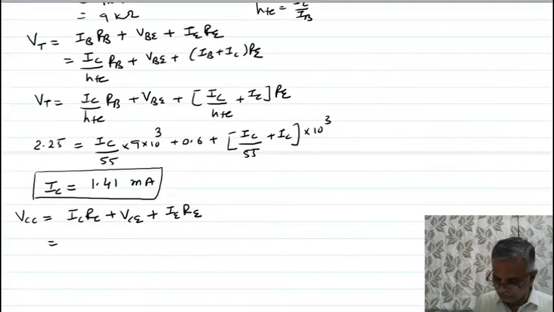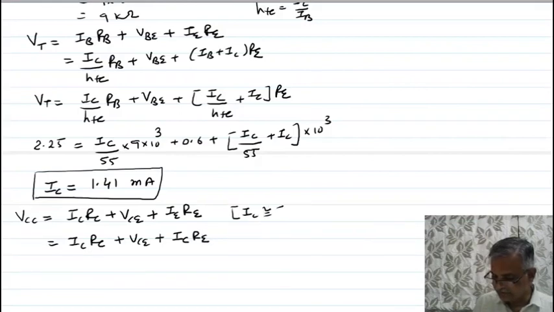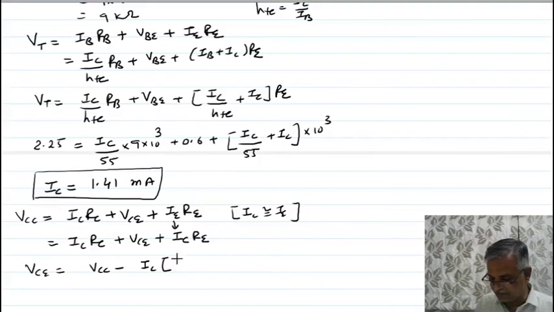So IC into RC plus VCE, and the emitter current I can take as nearly the collector current, so I can write IC. So VCE is nothing but VCC minus IC into bracket RC plus RE.